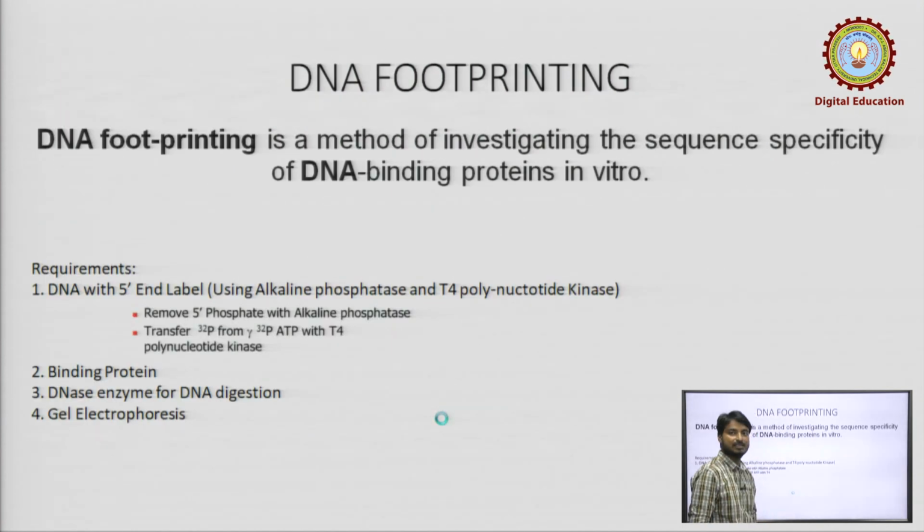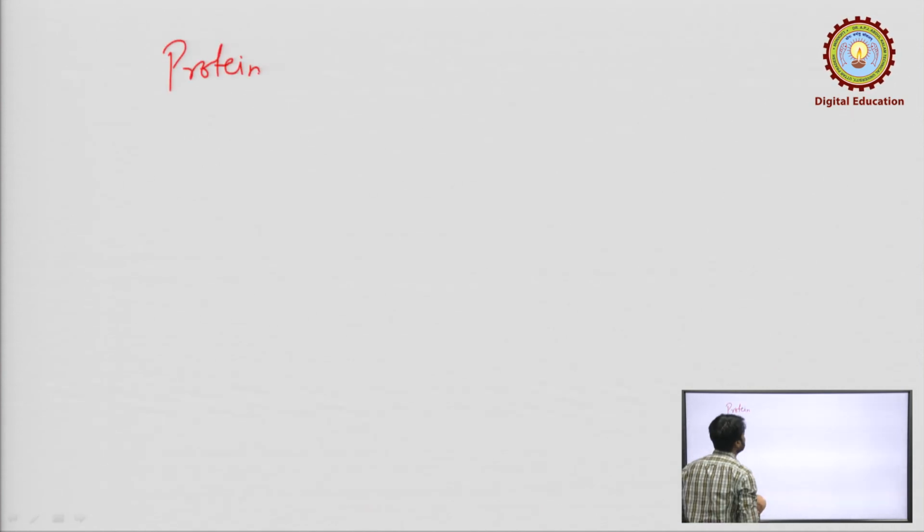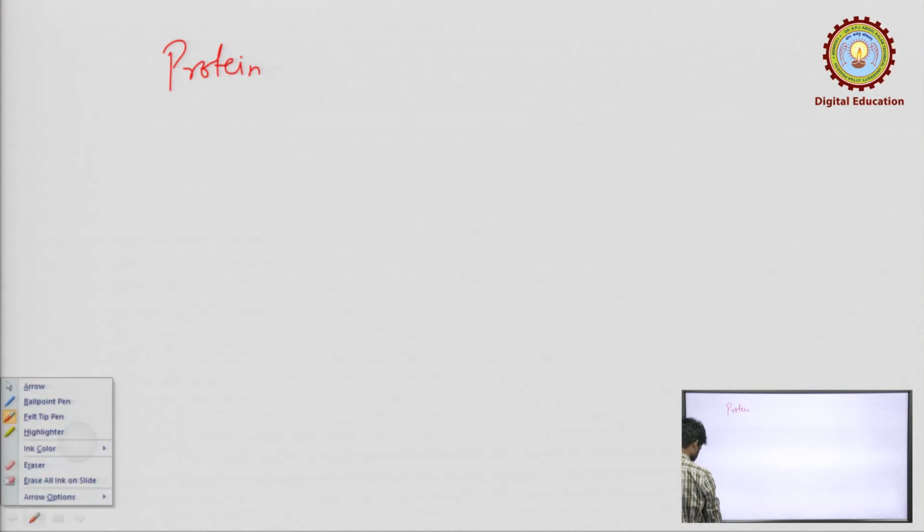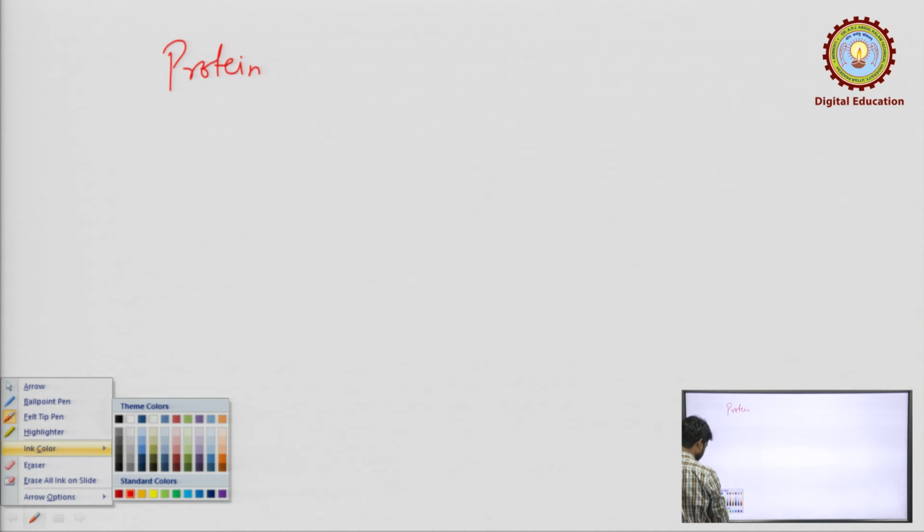So the first technique is DNA footprinting. First of all, we require a protein, and the second thing we require is our DNA.